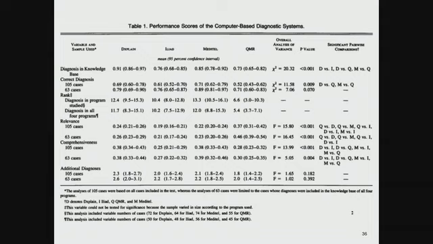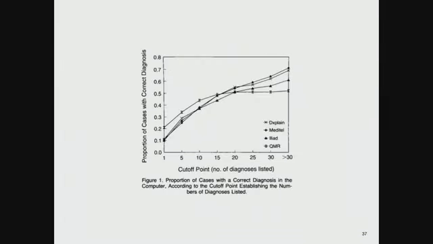So it's like the dog who sings, but badly, right? It's remarkable that it can sing at all, but it's not something you want to listen to. And the rank of the correct diagnosis in the program is like 12 or 10 or 13 or so on. So it is in the top 20, but it's not at the top of the top 20. So the results were a bit disappointing.